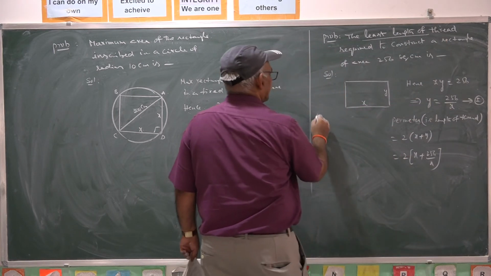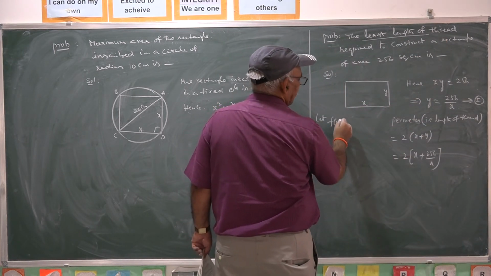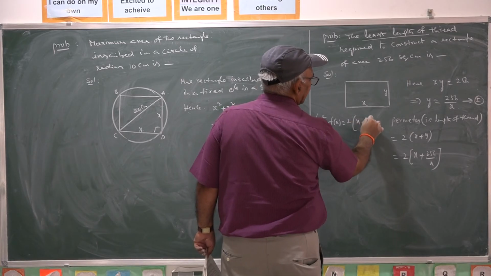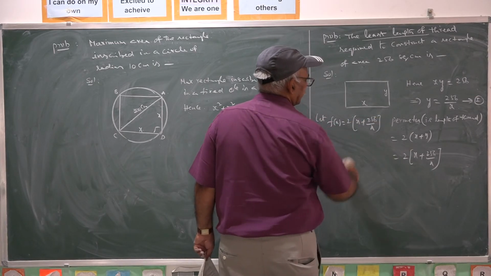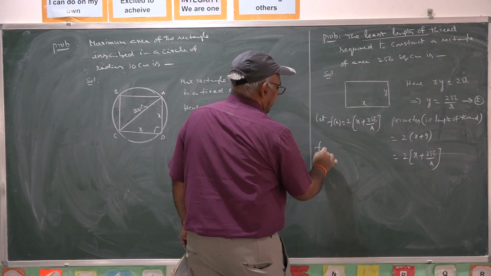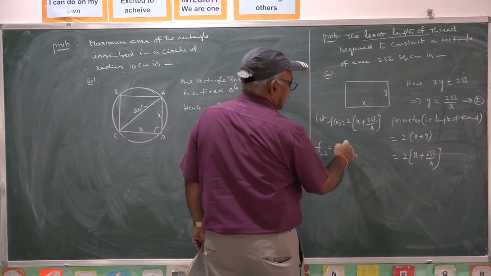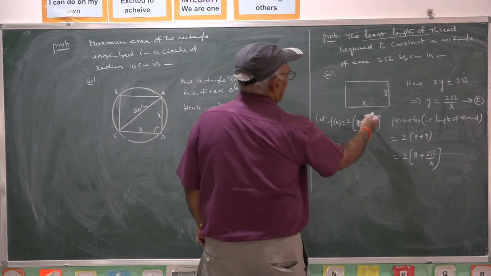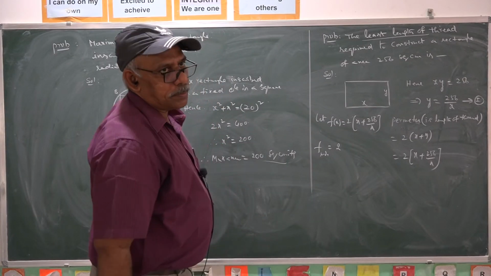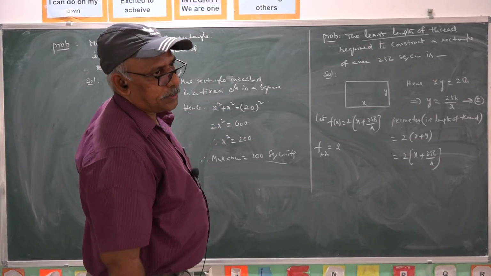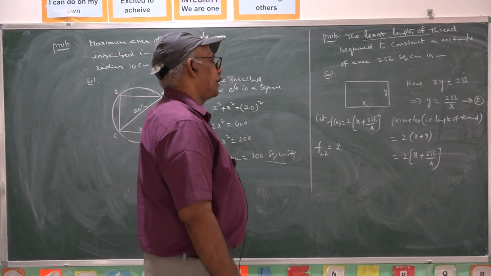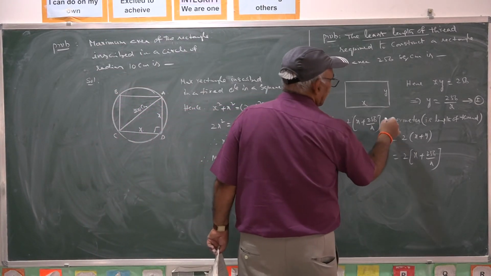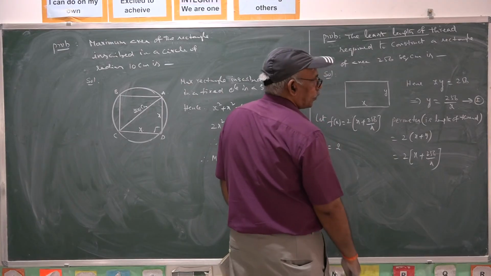So, let f(x) be twice of x plus 256 by x. f minimum is twice into the minimum of this. The minimum of that one is by arithmetic mean is greater than or equal to geometric mean.